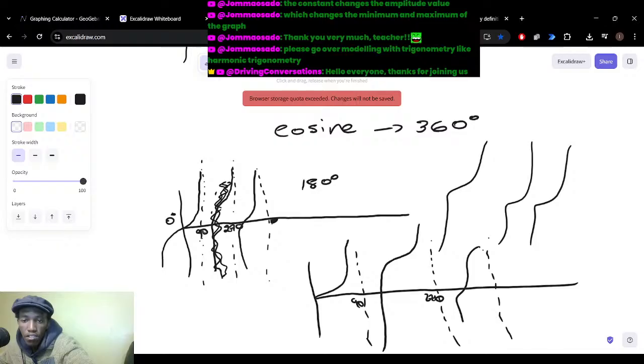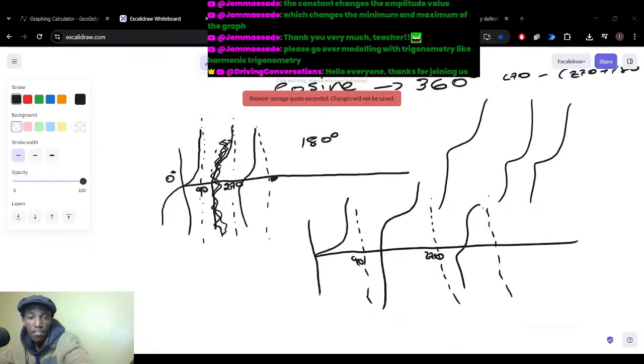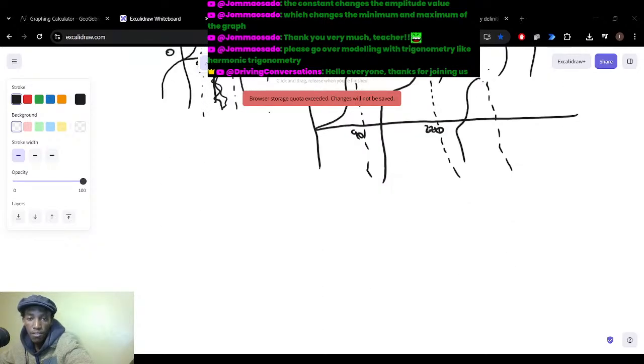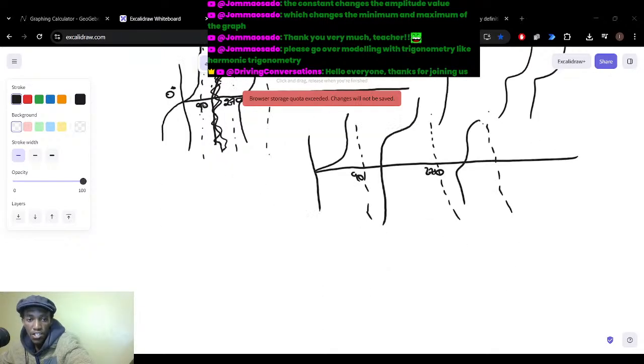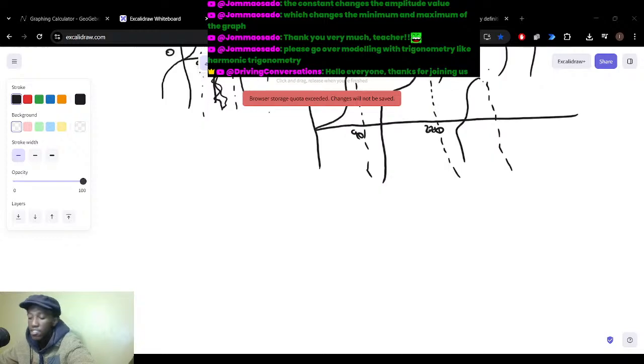But all this lies between 270 and 90 degrees, or 270 and 270 plus 180. So this means that the period for tangent is 180 degrees because this pattern repeats every 180 degrees.